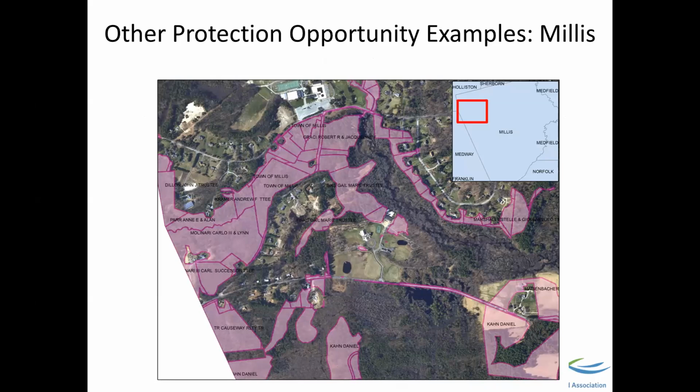Another example, again from Millis: everything in the pink colored area is what was highlighted by the tool as a possible high conservation opportunity. You can see in the corner of the map here, it's pulling out a bunch of very small pieces of basically just different residential backyards.